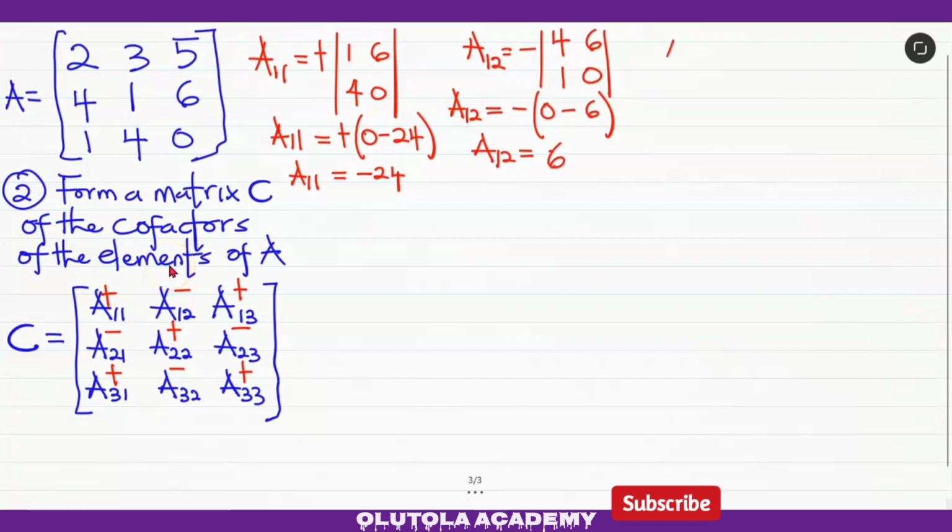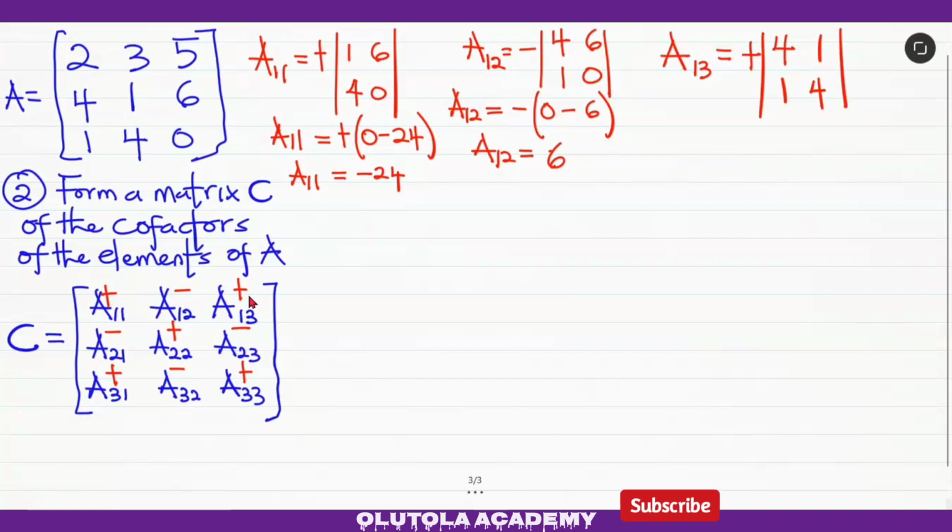So I go on now. I have A13 is positive. So A13, the cofactor, by closing this up and closing this up, I have 4, 1, 1, 4. So that's what I will put in here, 4, 1, 1, 4.